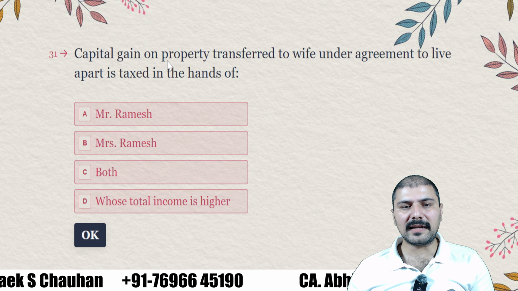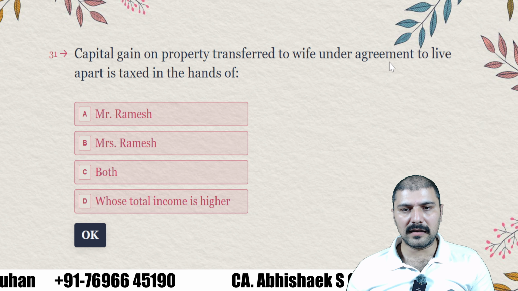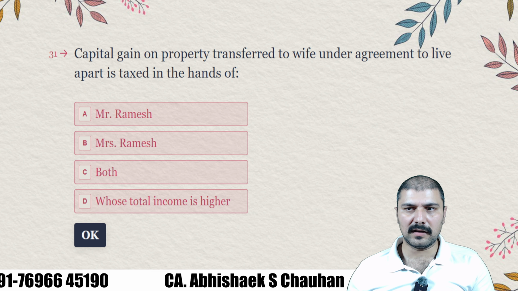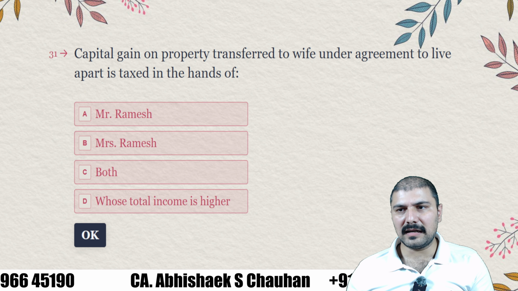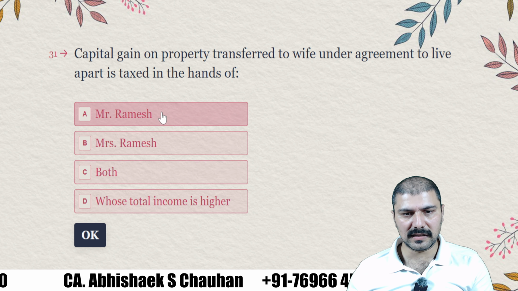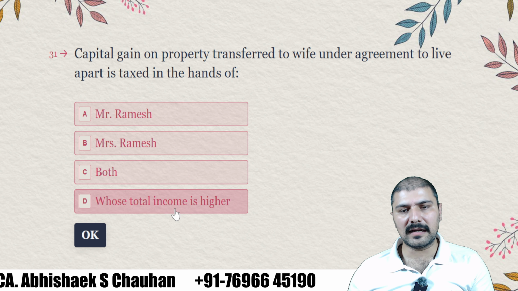Capital gain on property transferred to wife under agreement to live apart is taxed in the hands of, right? Mr. Ramesh, Mrs. Ramesh, both, or whose total income is higher.